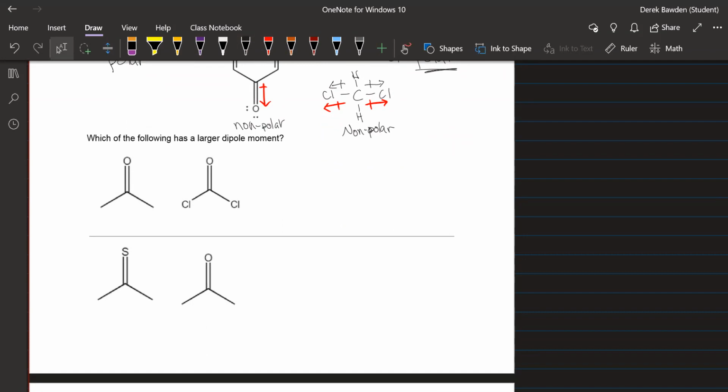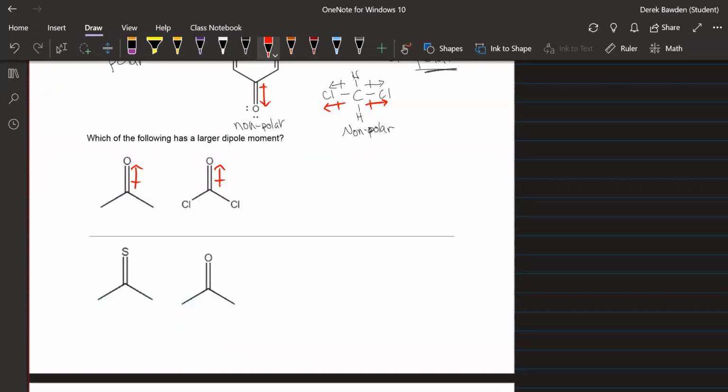Moving along here, which of the following has a larger dipole moment? Okay, so what we're looking at here is to determine which one pulls electron density stronger, okay? So this oxygen is pulling electron density this way, same as this oxygen. Which one do you think is going to be a larger dipole moment? Left or right?